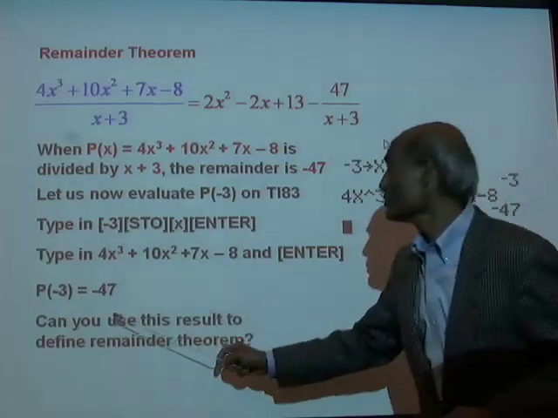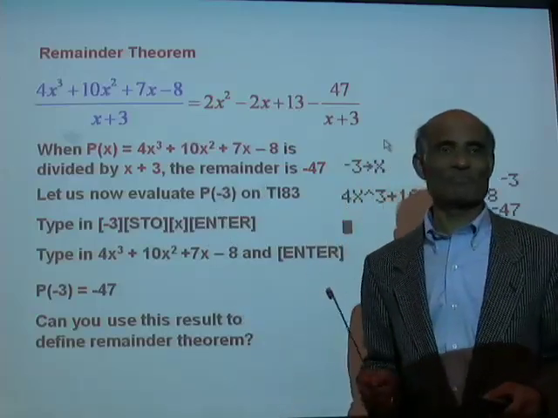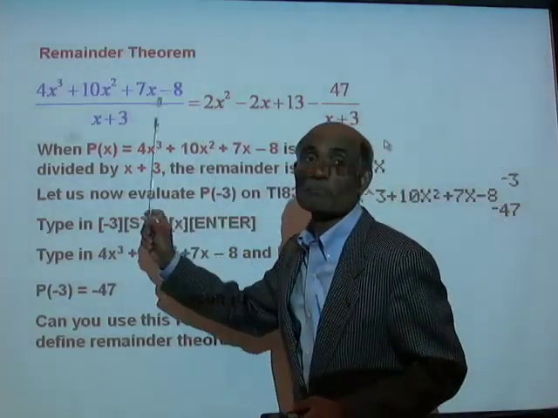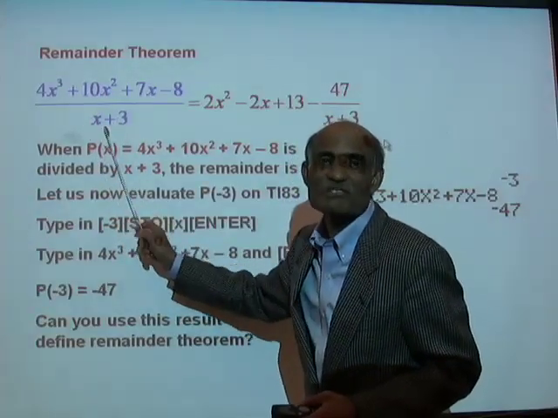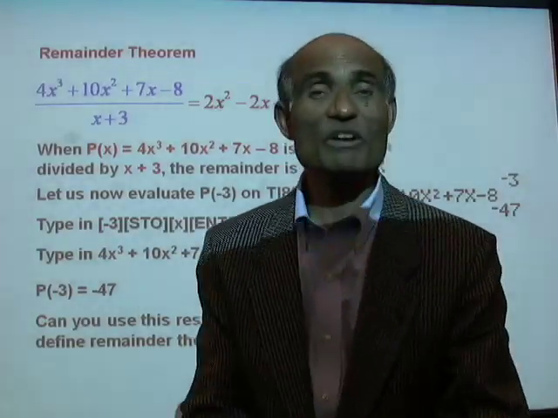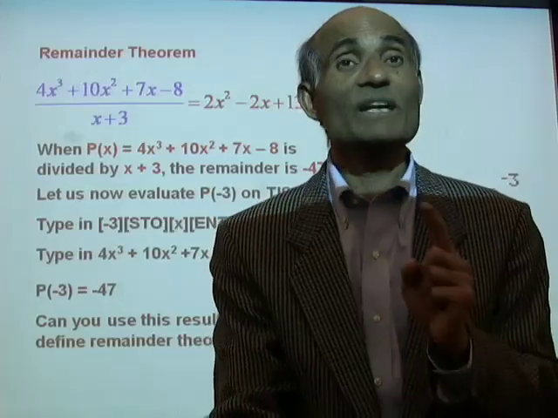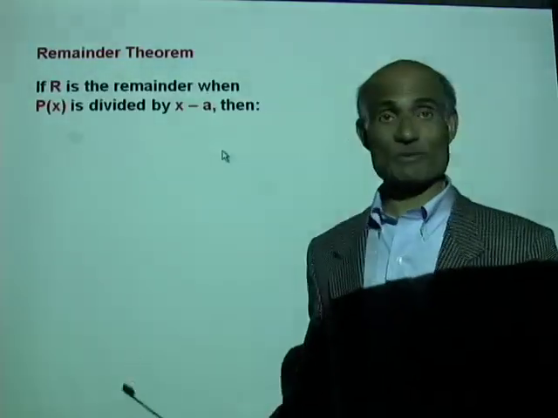Right. Can you use this result to define the remainder theorem? Well, look at this. When the polynomial is divided by x plus 3, we got the remainder negative 47. And we calculated the value. So, what is the remainder theorem?